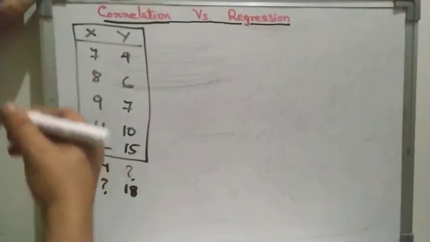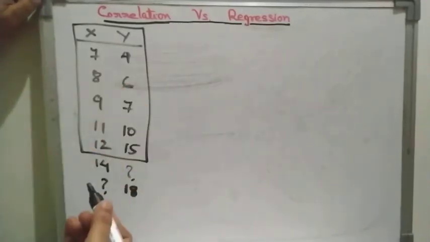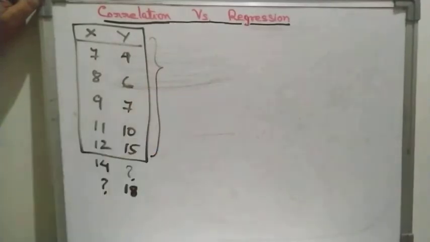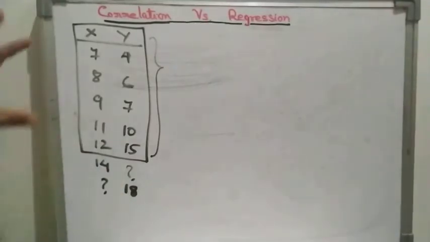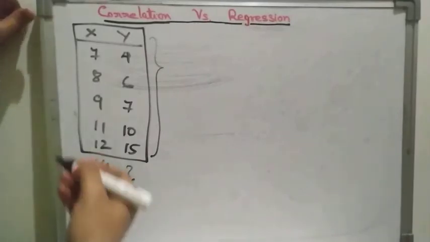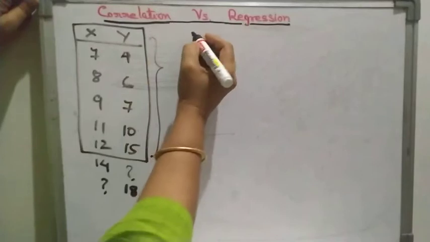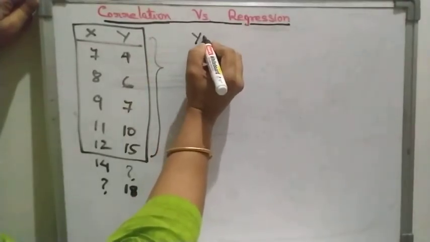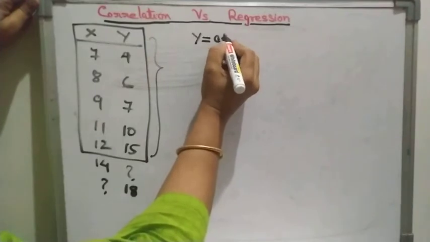For regression analysis, for estimation, first we need to find an average relationship between the two variables, and only then can we predict. For prediction we need a mathematical relationship between x and y. So let us start with the assumption that x and y are linearly related in this way: y is equal to a plus bx.